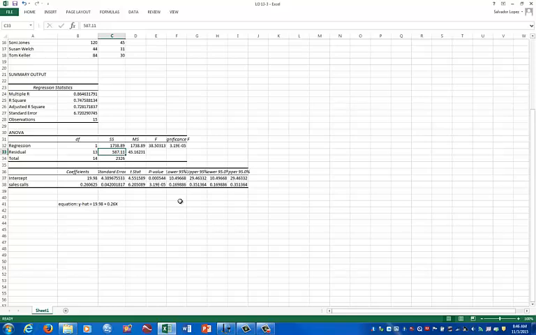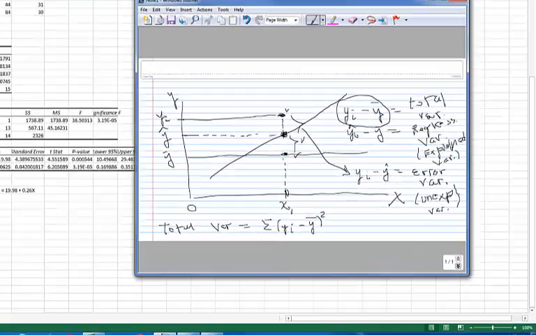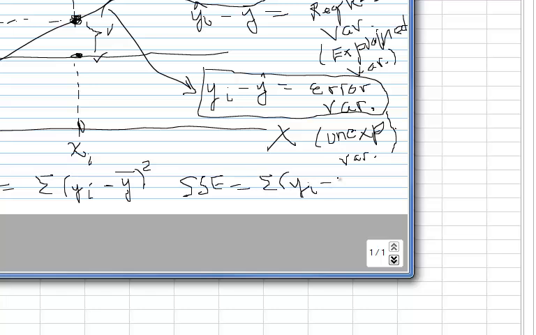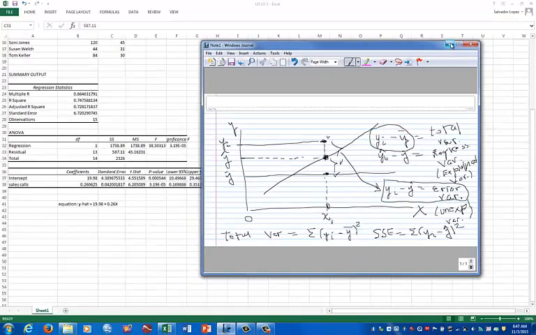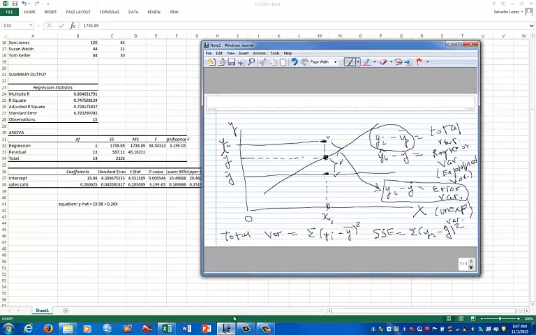What is 587.11? This is the summation of squares due to the residual, and the residual is the error. So it's calculating that variation. That is called SSE, the same way it was called before, the summation of yi minus y hat, squared. So if you do that, you get 587.11. And 1738.89 is the summation of squares of the regression.